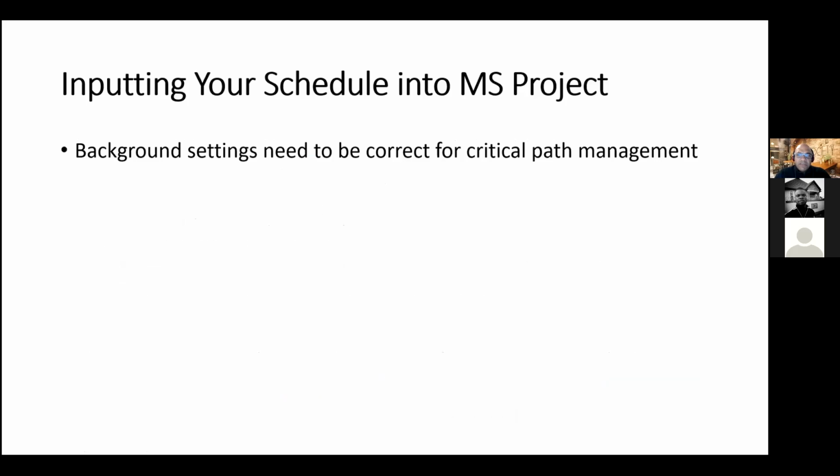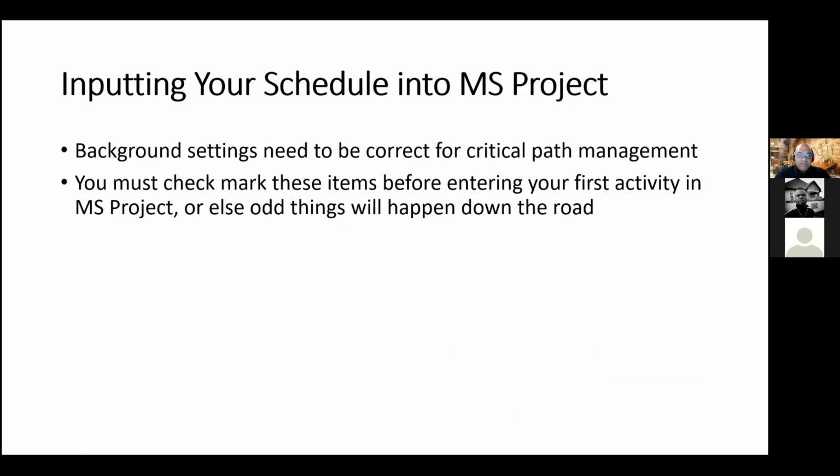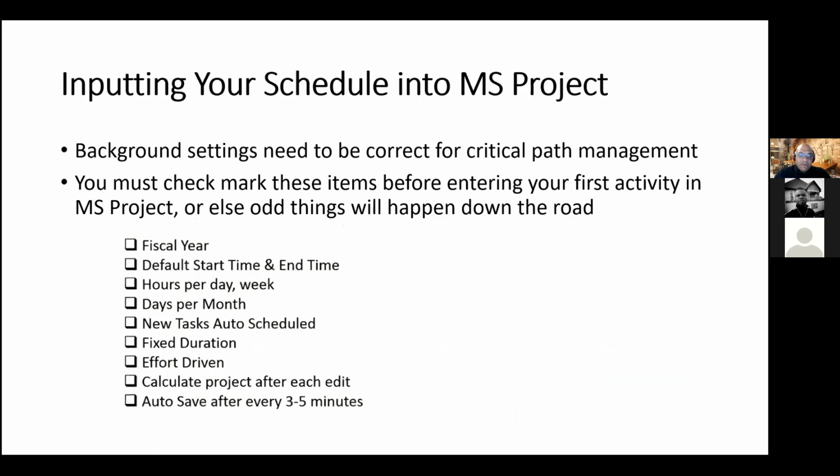All right, input your schedule into Microsoft Project. Background settings need to be correct for the critical path management. These background settings I will show you, and you must be able to check these off before you start anything in Microsoft Project. Make sure that all of these are completed before you enter anything about the project into Microsoft Project.